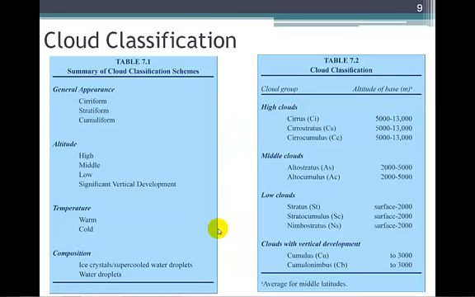Cloud classification is outlined in the book in a lot more detail than what I'll go into here. There's a couple of tables you see that describe cloud classification. The basic classifications have to do with height in the atmosphere of clouds, as we'll see in just a moment. And then from there they can be classified by their appearance, how they look, their temperature, their composition, is it ice crystals or water droplets, and so on.